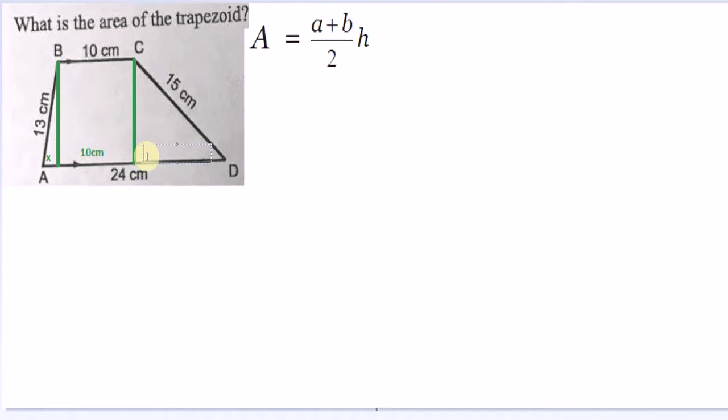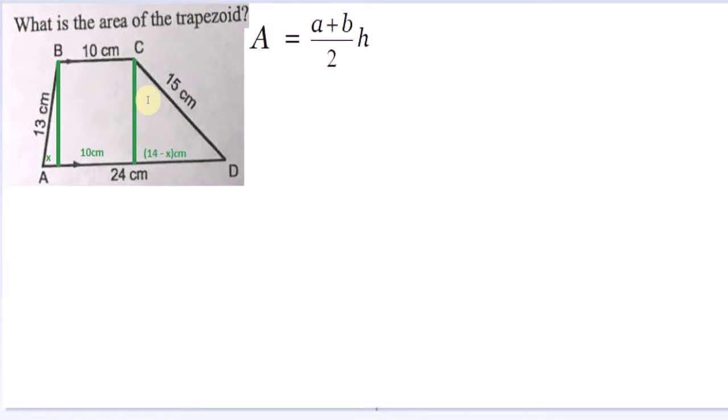So let's say this is going to be 14 minus X. And that's how many centimeters this is. Go ahead and put parentheses around it. There. That leaves us with a situation here because we want to find out what H is.